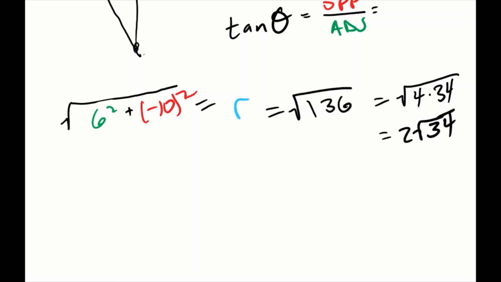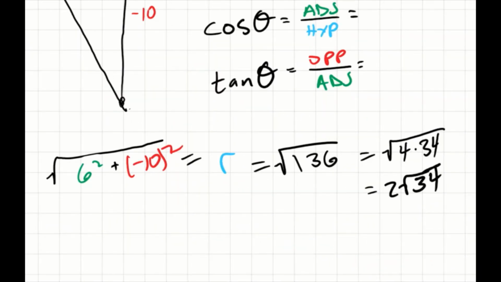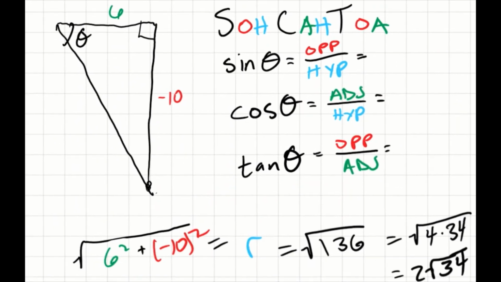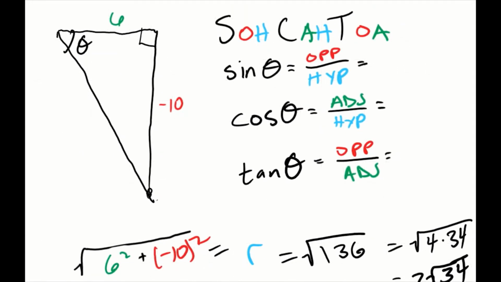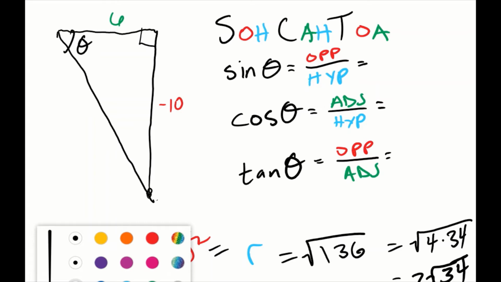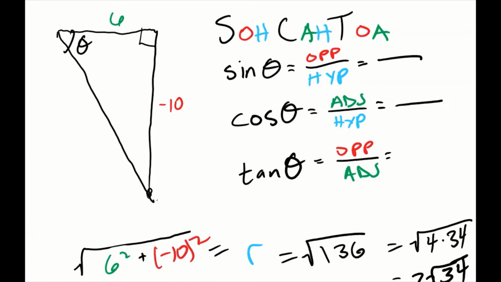Anyway, we've got root 136 as our hypotenuse, so we can even just go in and write that in any of the ones we have a hypotenuse in. And also let's just add in the things we know, right? So the adjacent is 6, and then opposite is negative 10. And there we go.